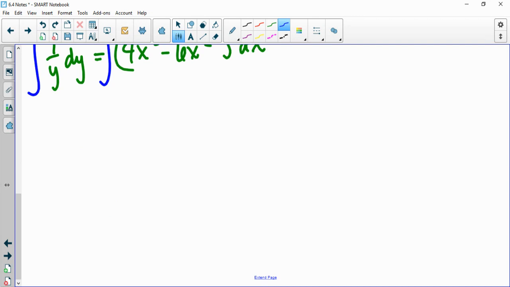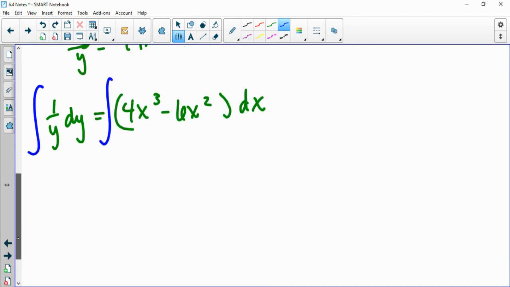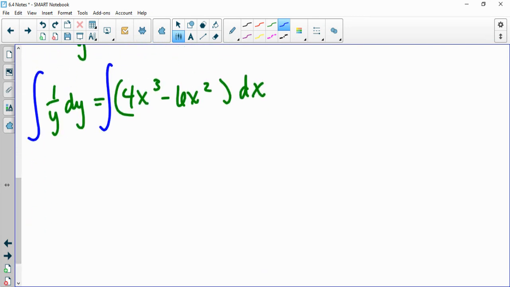And in case you forgot, when it's 1 over something, the antiderivative, that's when you get a natural log. So this side is natural log of y, and then equals, this side is just your power rule. So if I add 1 to the exponent here, it'll be 4, and divide by it. So this will just be x to the 4th. And then minus, if I add 1 to the exponent here and divide by it, that would be 6 divided by 3, which is 2. So this is 2x cubed. And then don't forget your plus c when you're done.